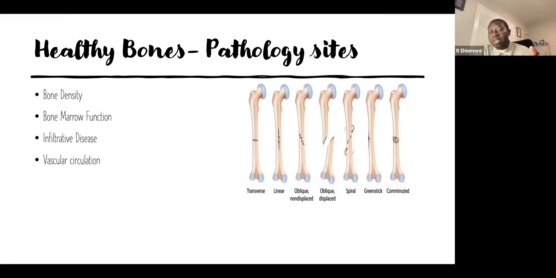Some of the threats that the bone has include infiltrative diseases. In this case, we're talking about cancers that are extrinsic to the bone, which means they are not being generated from the bone, but like the bone. Say, for instance, prostate cancer, it does like the bone. Lung cancer, they go to the bone a great deal.